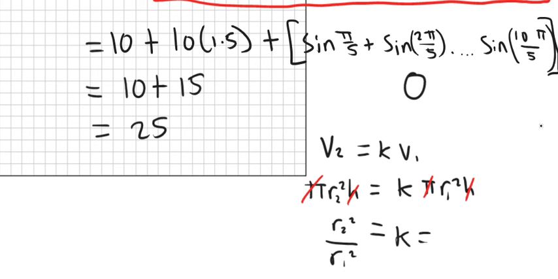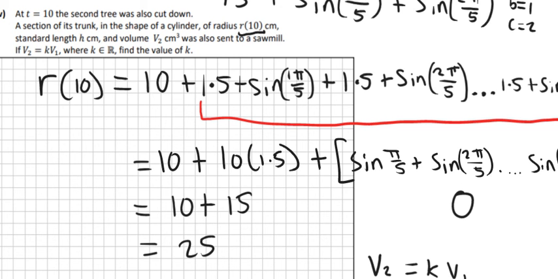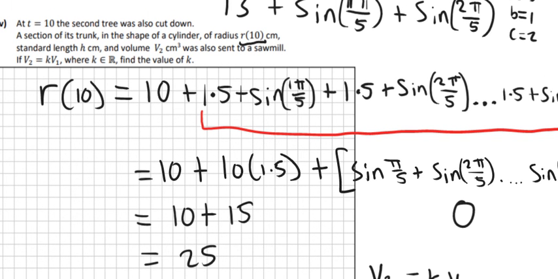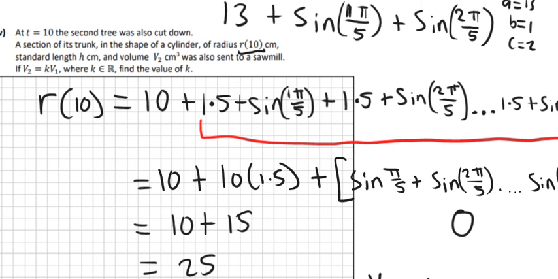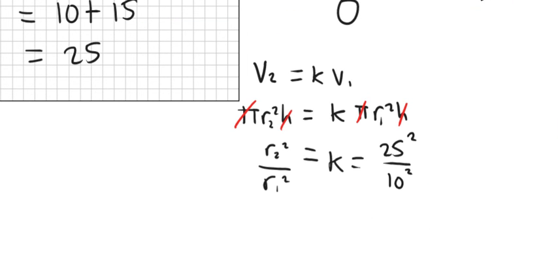So r2 is 25, so 25 squared, and r1 is just 10 squared, that's what it is at the start. So just checking what they want us to round it to. It doesn't really say, it just says k is an element of the reals, so we can just leave it. 25 squared divided by 10 squared will be 6.25. And then that's all for that question.